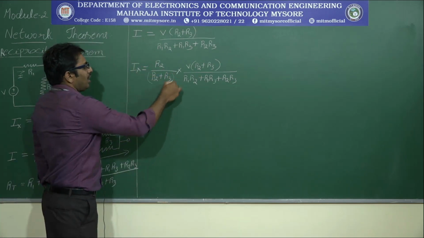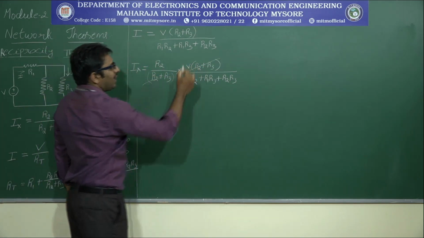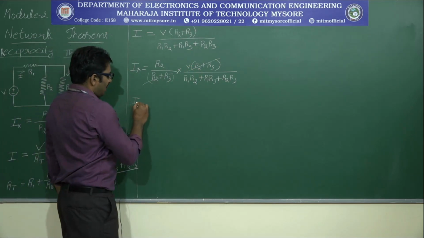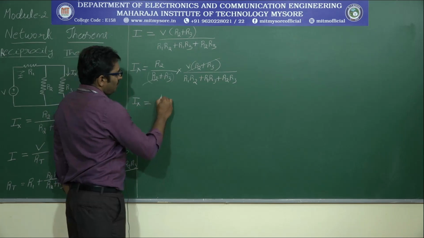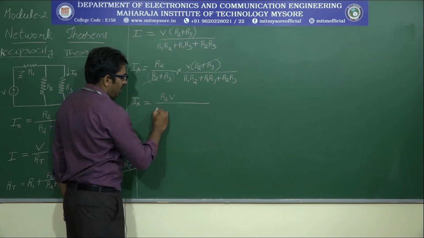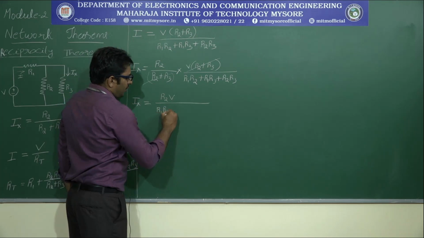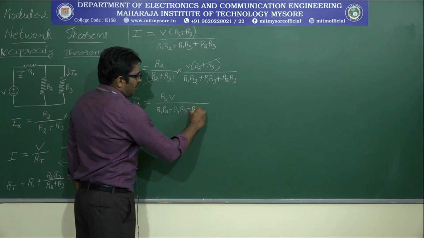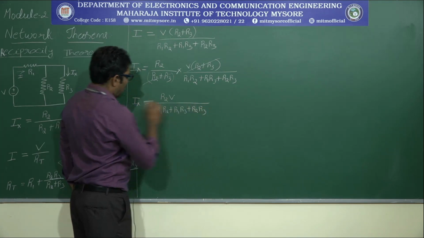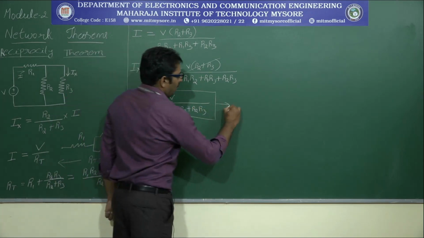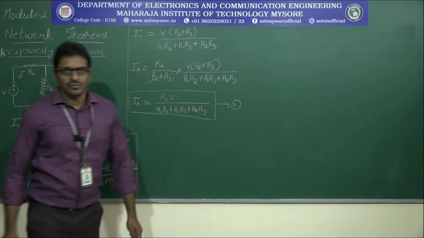R2 plus R3 and R2 plus R3 will get cancelled. Okay. So therefore Ix is equal to R2 into V divided by R1 R2 plus R1 R3 plus R2 R3, and call it as equation number 1.